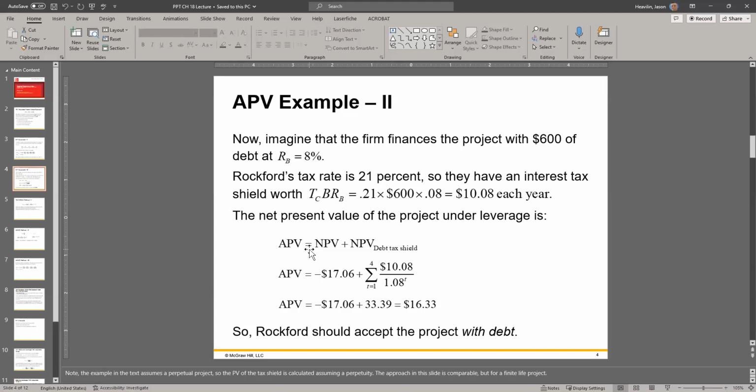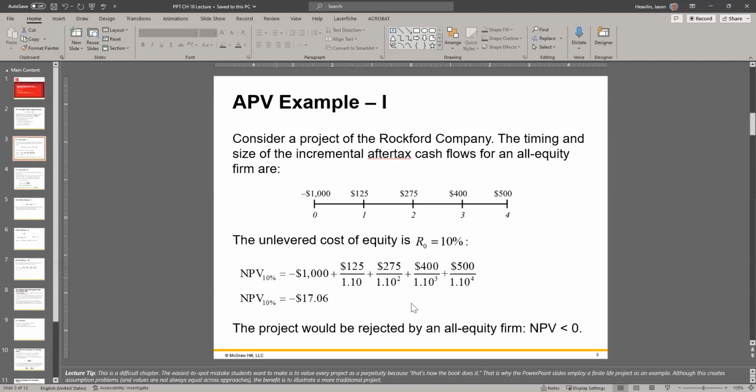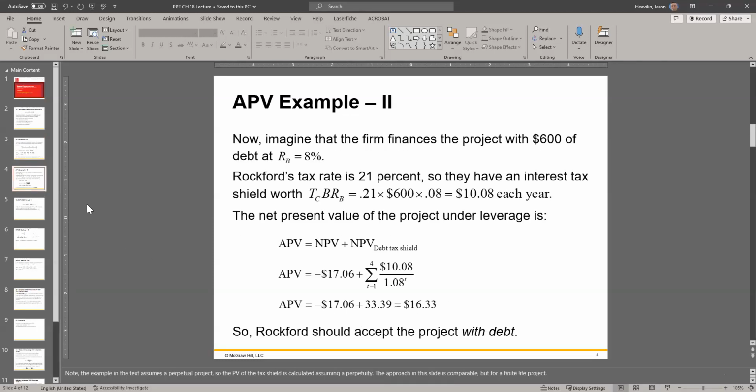The net present value of the project under leverage now becomes this. You had the NPV calculated for the equity side of negative 1706. Then you apply the same discounting process, but with the $10.08 over 4 years, with the exponent of 1, then 2, then 3, then 4, and you add them together.